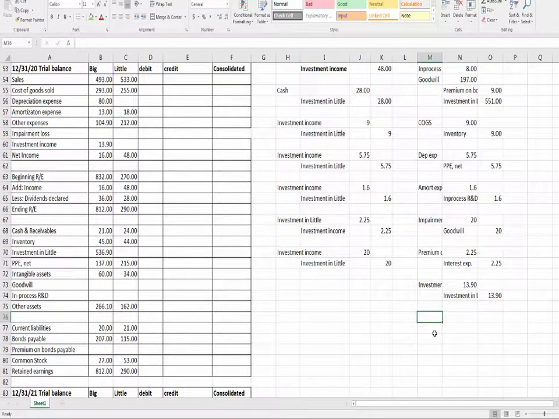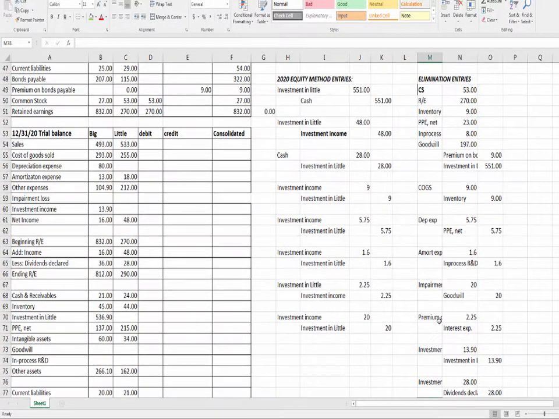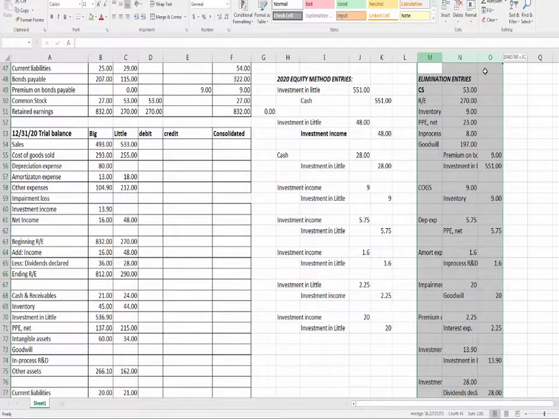We have to eliminate the dividends declared against our investment in Little. Okay, so again, here are our elimination entries.